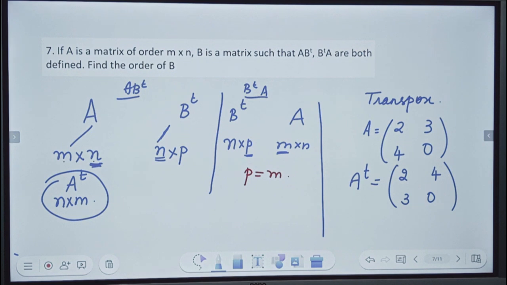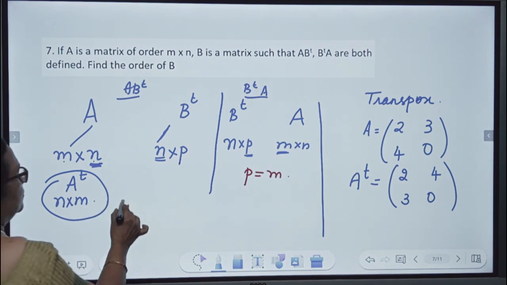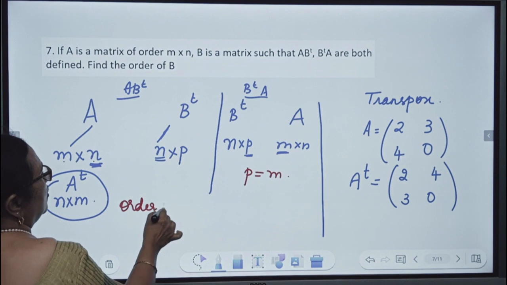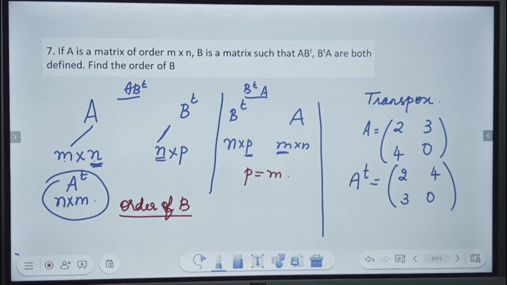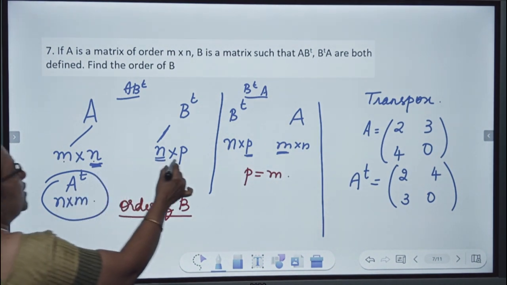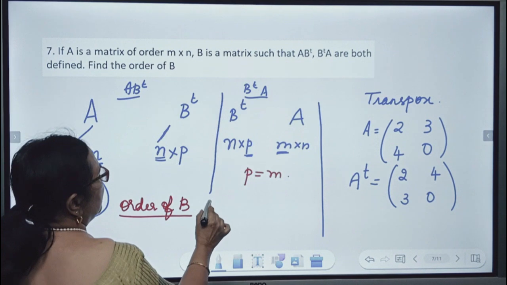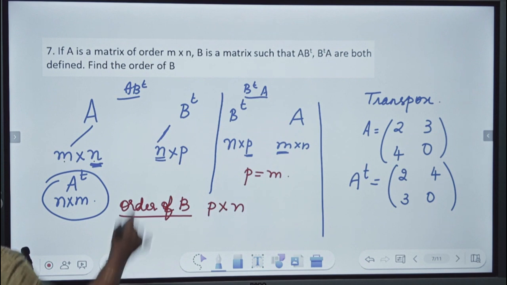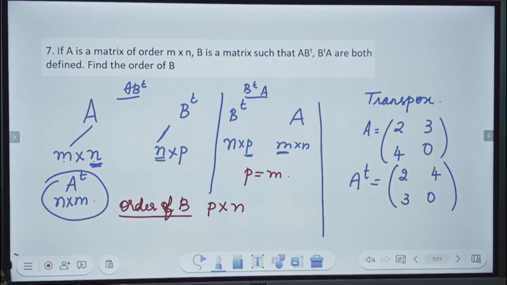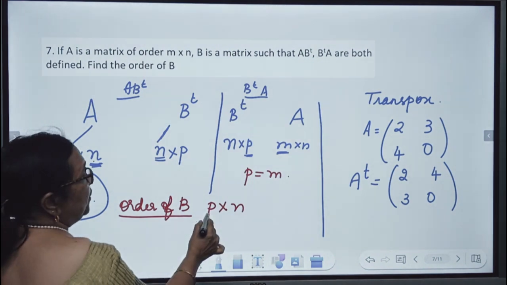So what is the order of B? If B transpose is n into P, order of B is P cross n. This is B transpose. So B will be, you have to interchange the rows and columns. P by n. But P is what?